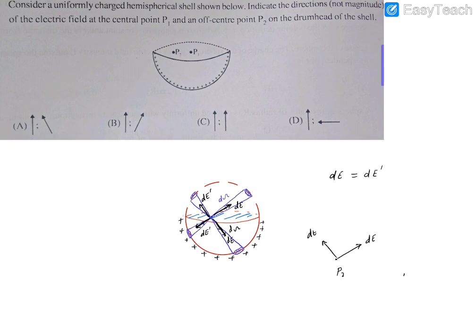But we are sure that dE dash is equal to dE. Now this is one pair of elements that we have chosen. This entire stuff is made up of such pairs. So whatever resultant field they create, other pairs will create in the same direction.